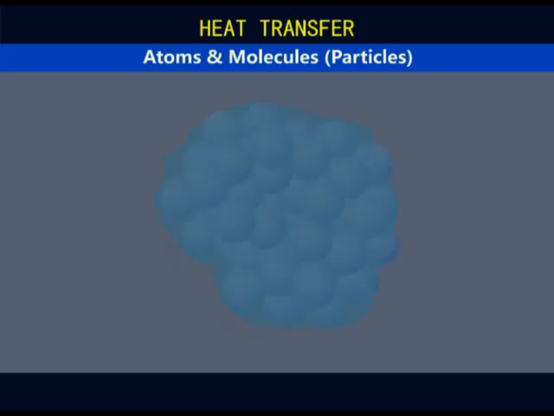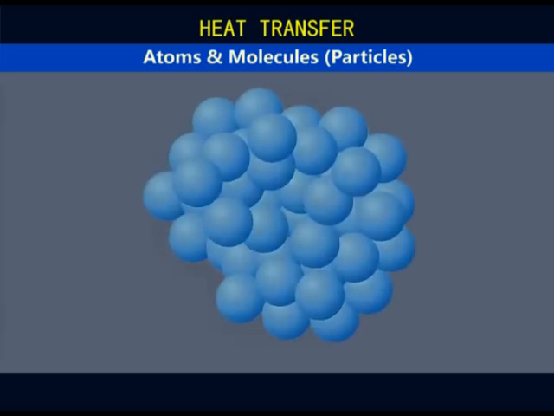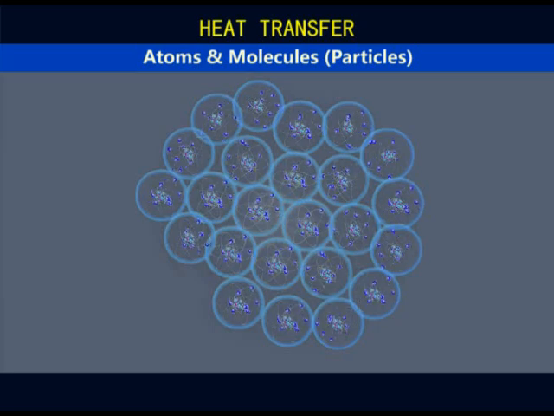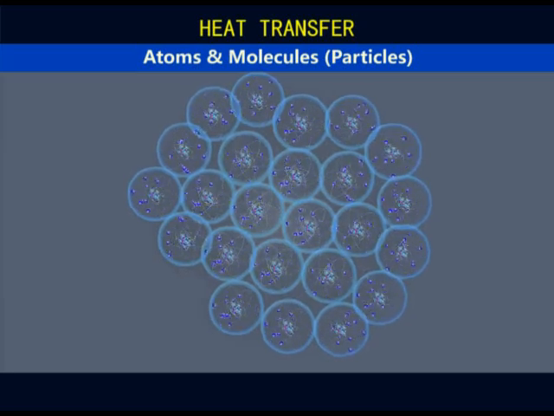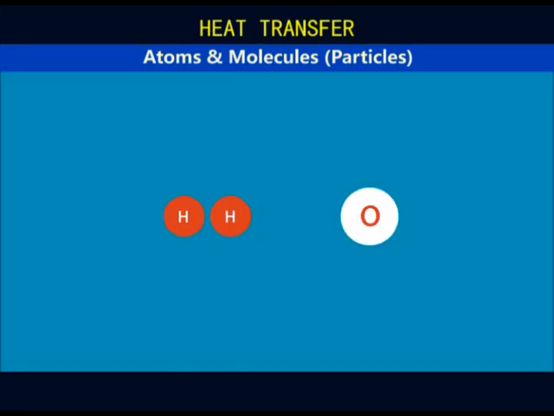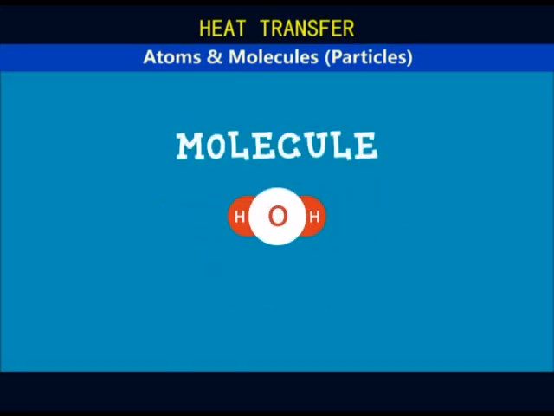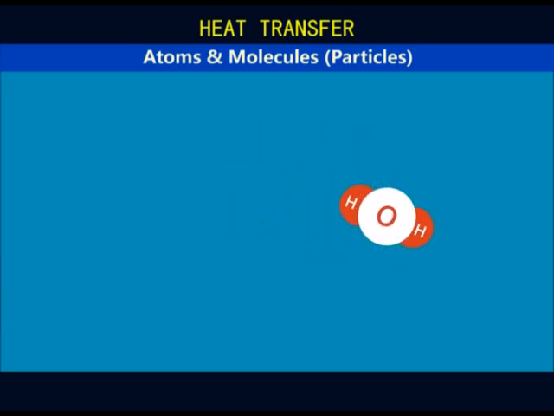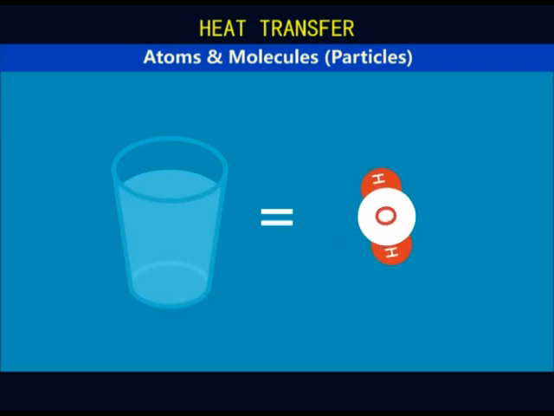All matter is made up of tiny particles called atoms. Molecules are often used when referring to liquids and gases. In most liquids and gases, two or more atoms join to form a unit called a molecule. So when we say water or gas molecules or metal atoms, just bear in mind that we are referring to the particles that make up matter.